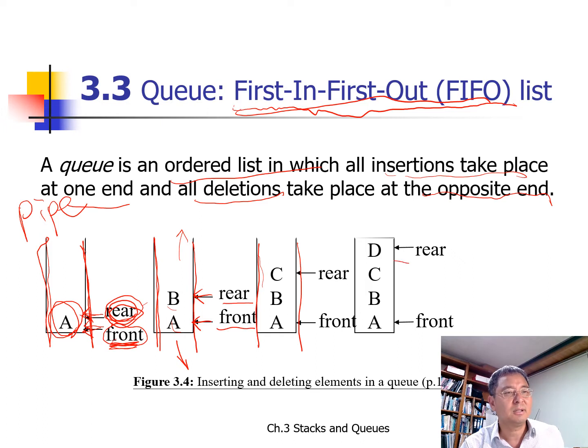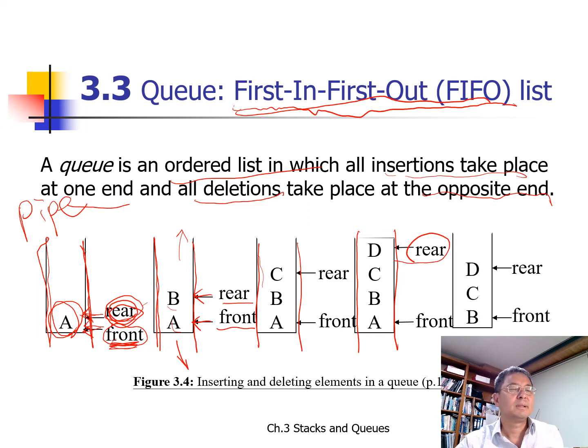So you just move the rear index to the last one, to the higher one in this figure, because it is inserted only now. And then if one data is deleted or removed from this data set Q, then deletion always happens at the front index. Okay, so this A is returned and the front will move to point to B here.